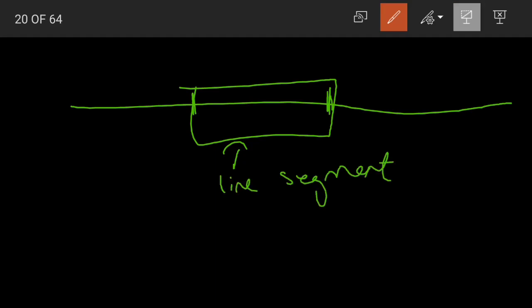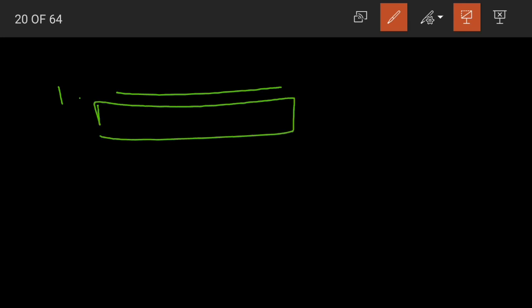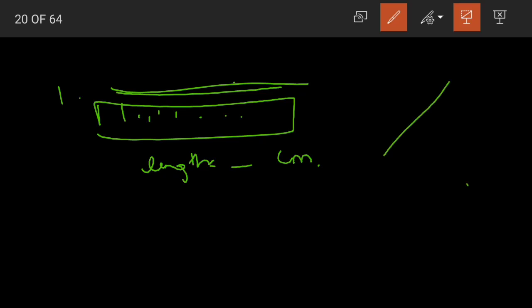Understood, children? What you can do in a notebook is write question 1, draw a little line segment, and then with the help of a scale measure the length of this line segment and write it in centimeters. Yes, not only straight lines, try measuring the length of some slanting lines also.